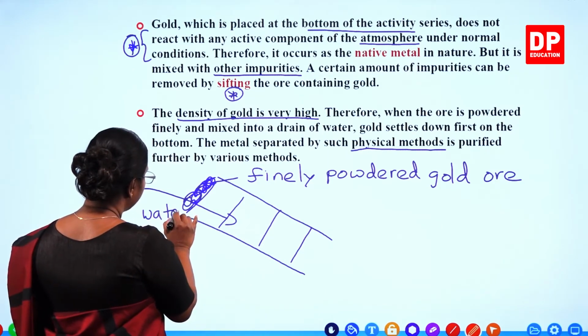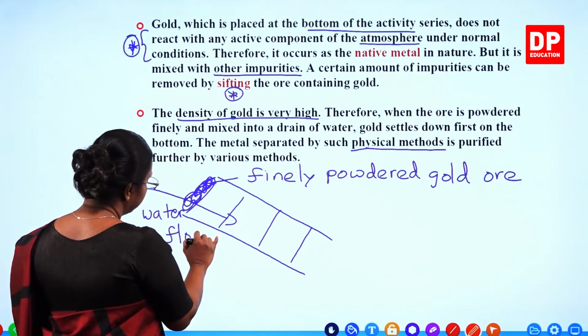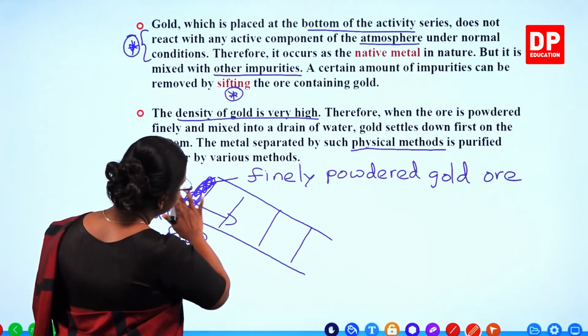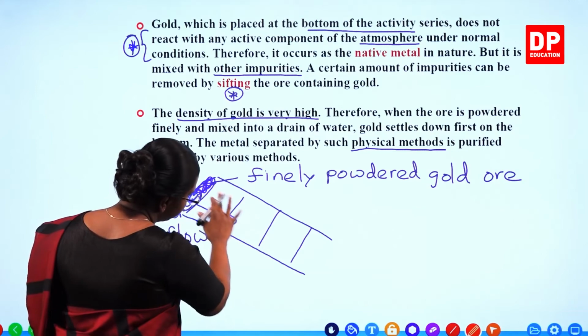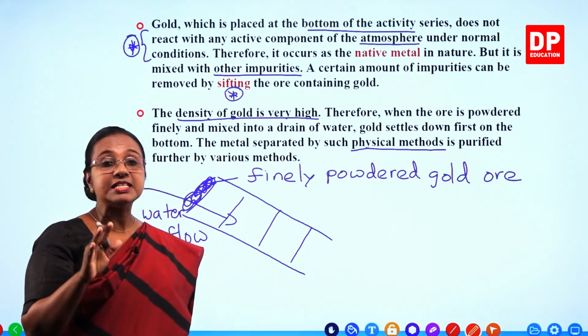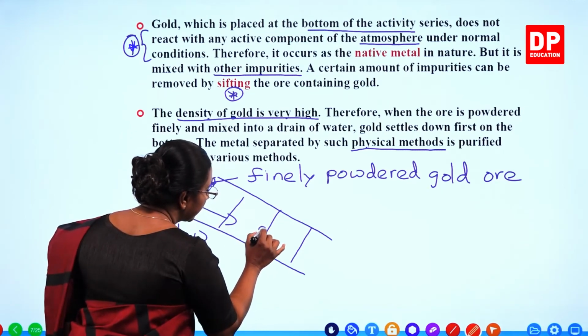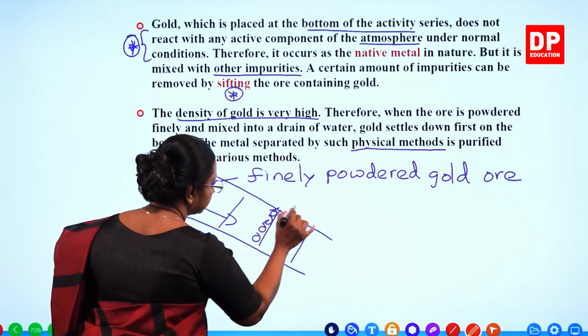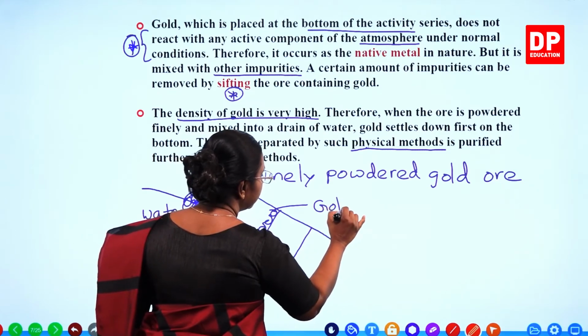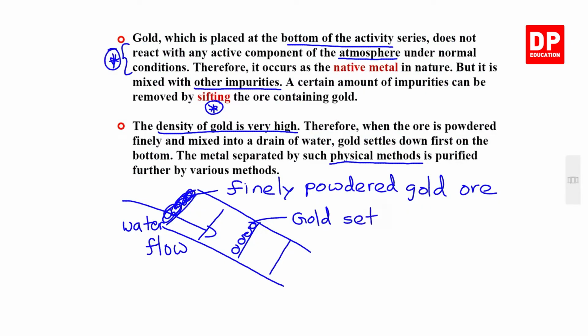Here, water flows in this direction. With the water the gold ore is also flowing, but because it is highly dense, the gold settles down here because of its high density.